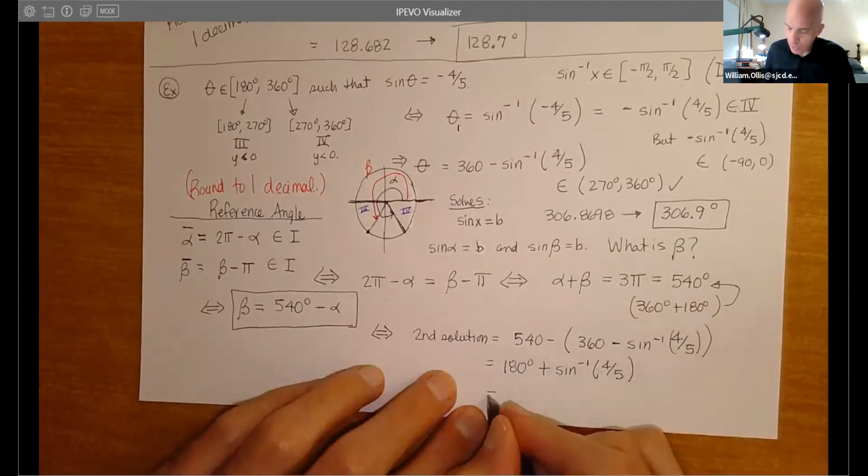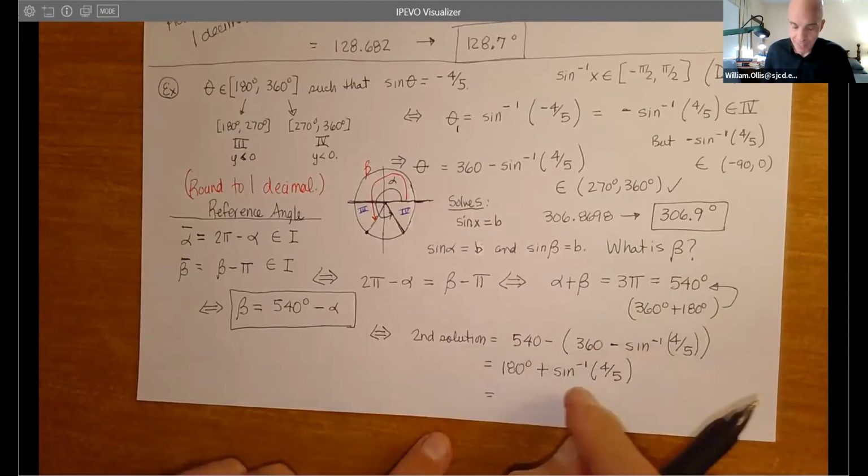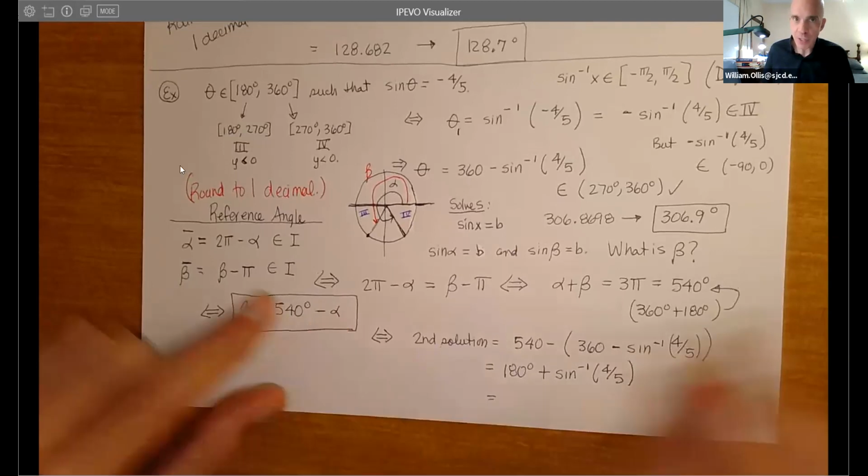So, I mean, you don't have to do all of this work. I'm just writing it out formally. We just basically say we subtract the first solution from 540. But let's just say now we have our Google calculator.